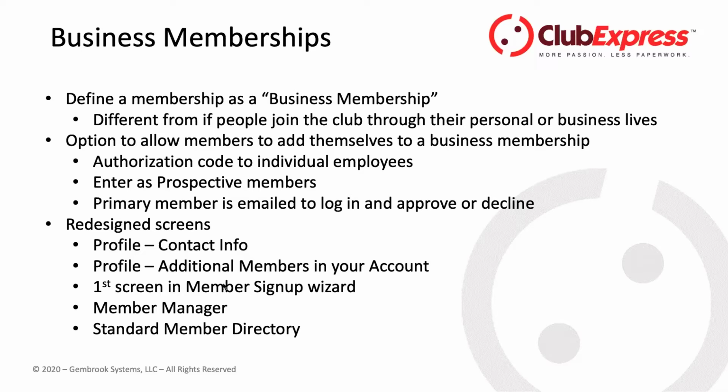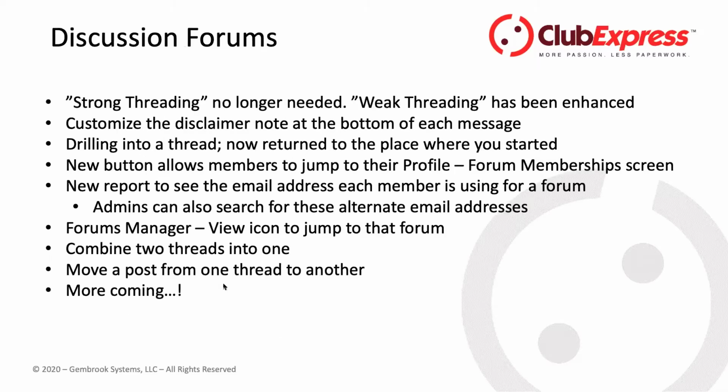There's one scenario. We have a trade association running on ClubExpress where the members are shops, retail outlets that are part of this trade association. Let me use this as a theoretical example. Let's say you've got a sandwich shop association and Subway wants to join as a member, but then each shop within the Subway chain wants to have a presence in the association so they can participate in discussions about social distancing and delivery and whatever.